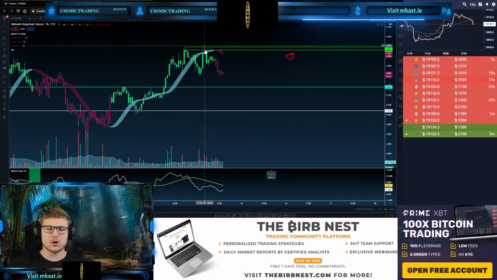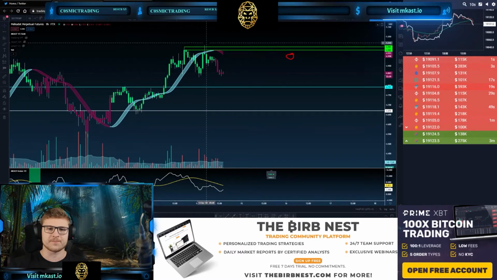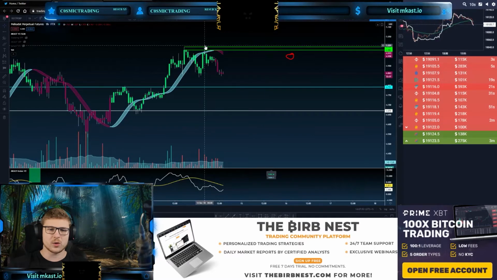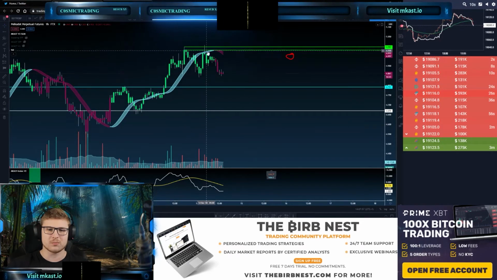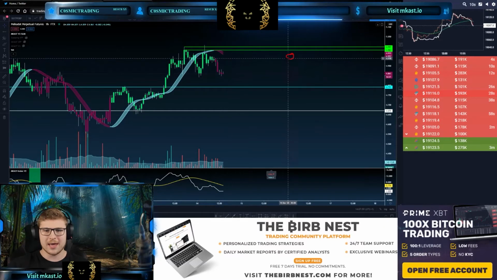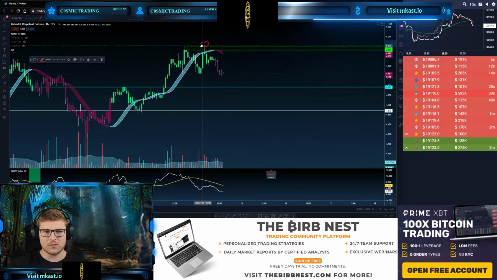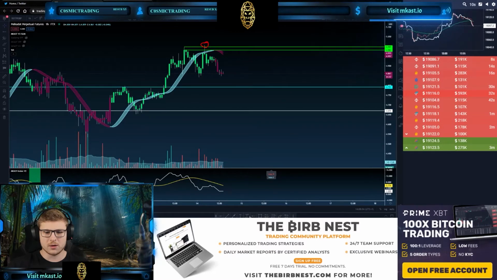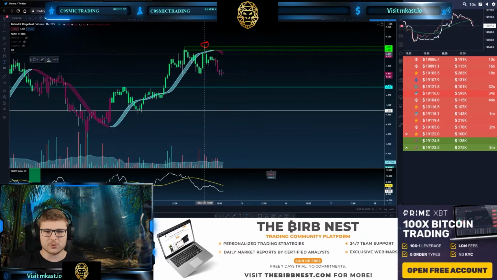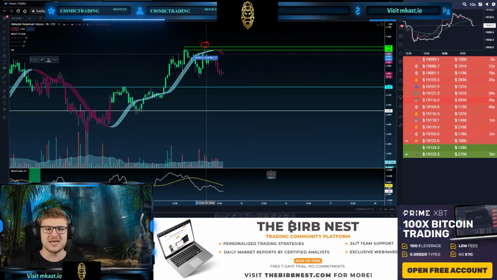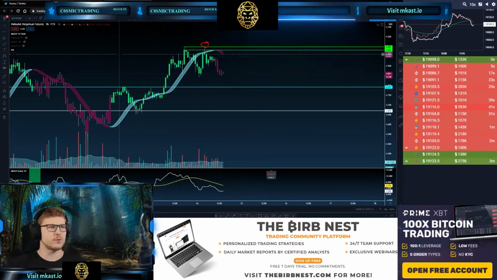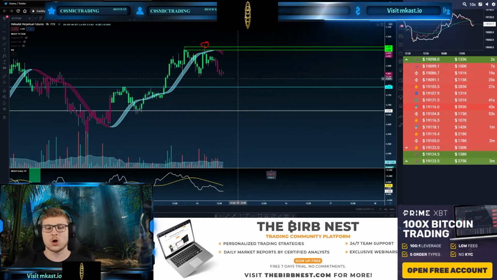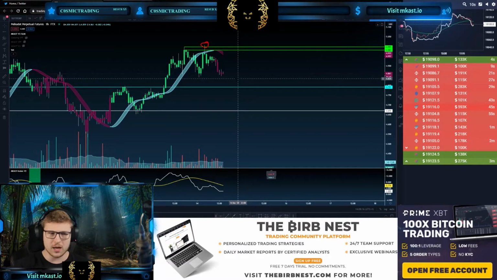So we got both things here. The wick high was above the previous high, and we closed even below the close of that one. And then you can see yourself what happened right here was a beautiful dump. So you would be entering immediately on that candle close, and right here you already have a 2% movement downwards, if not more to come.